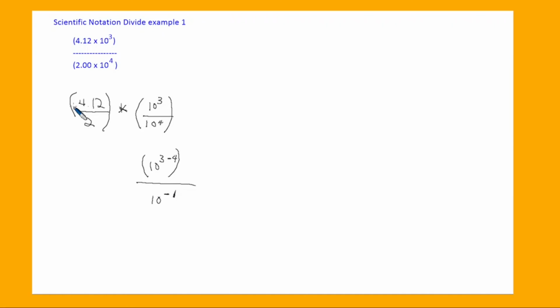On the other side, for the numbers part, we have 4.12 divided by 2. So 2 goes into 4 2 times. So that's a 0. There's my decimal point. And 2 does not go into 1. So there's my 0. And I bring down my 2.